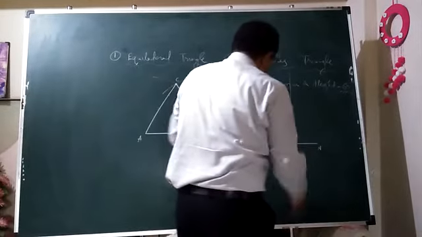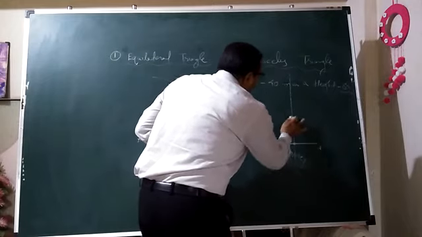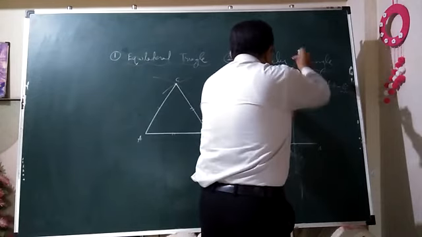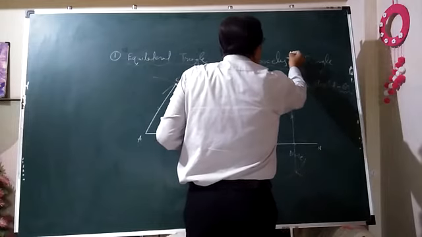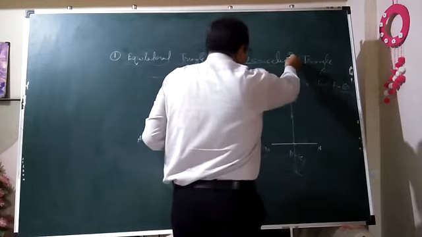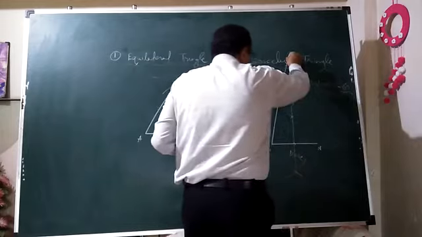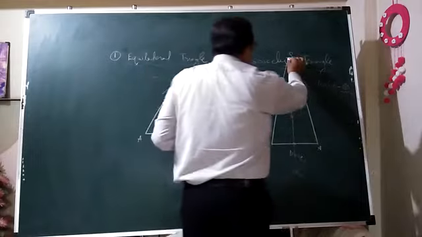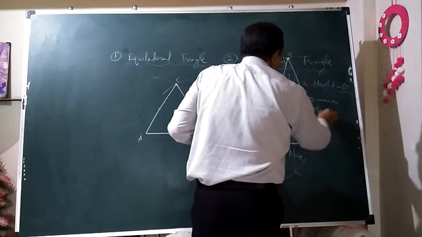So height is 80 mm. From this point only you have to mark the height, that too in the upward direction. Okay, so this is 40, this much I have taken as 40. So twice I have to mark here, so that naturally I am going to get the point Q. Suppose this is Q. Okay, this Q when you join with M and N, we are going to get an isosceles triangle carrying a 40 mm base and 80 mm as its height.